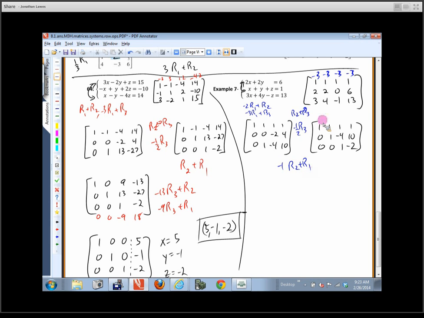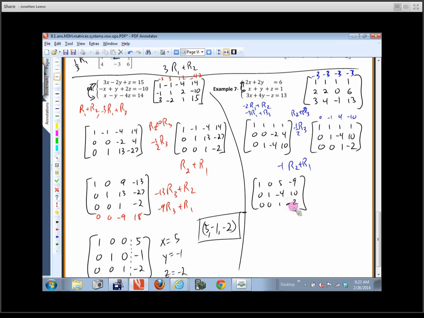I get a 0, a -1, a 4, and a -10. When I put those together, I'm changing row 1. I get a 1, a 0, a 5, and a -9, then 0, 1, -4, 10. And that last row we don't have to mess with at all yet.